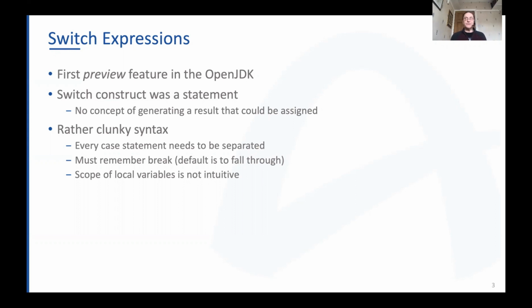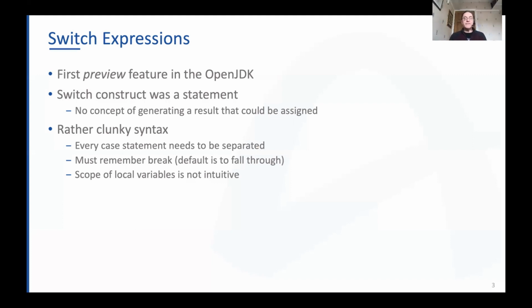The syntax of the switch statement was inherited from the C language, because a lot of Java syntax is based on C. That was great for C because the way the switch statement worked in C was designed around a systems programming language: operating systems, compilers, those sorts of things. Because Java is much more of an application language, the way the switch statement works leads to some potential problems.